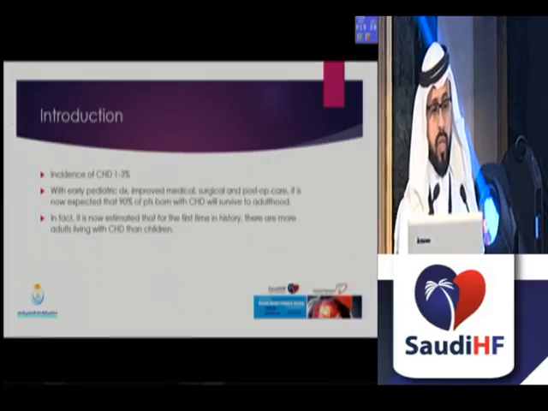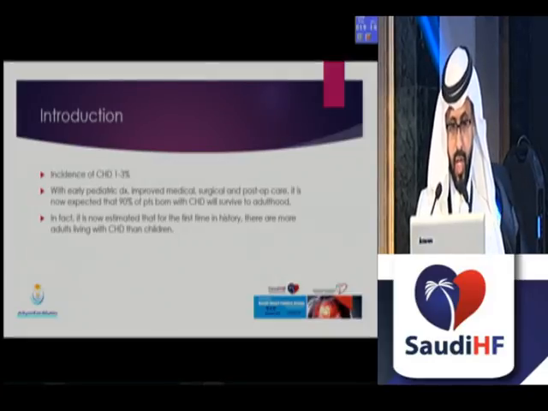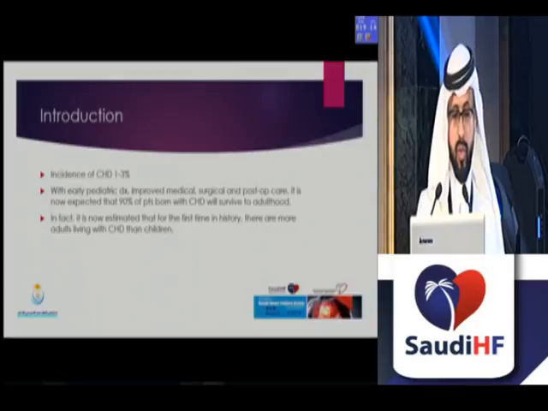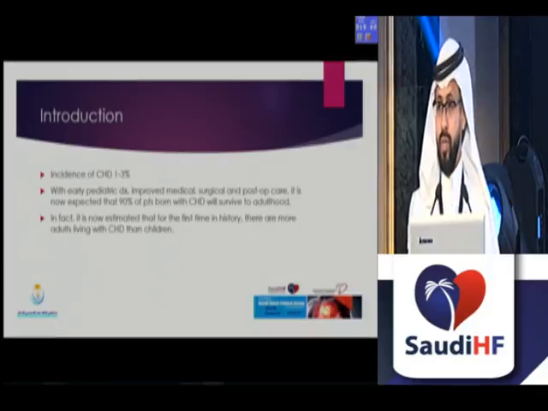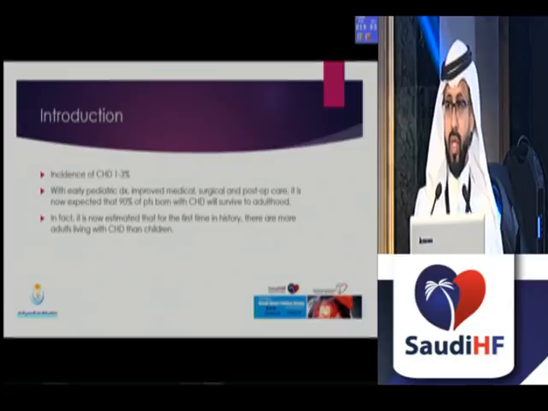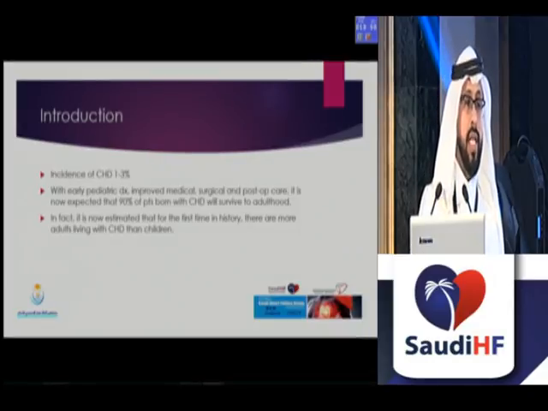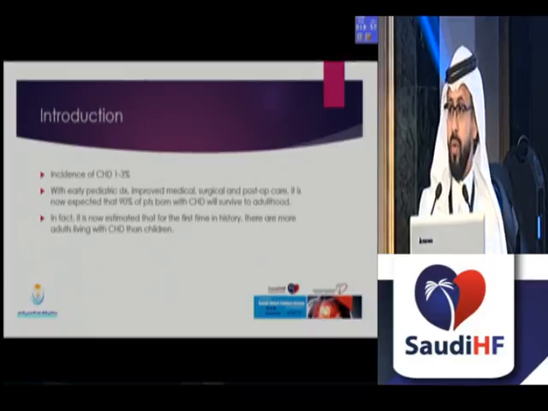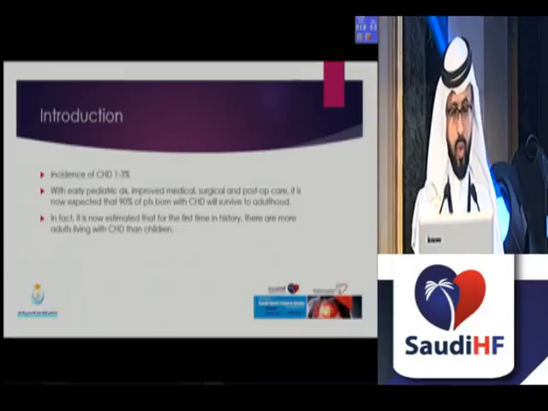Not to go into the incidence, as it was clearly mentioned by Dr. Saman, but what we see nowadays with the improvement in early diagnosis, improvement in cardiac surgery and post-cardiac surgery care, is that we are now expecting 85 to 90% of the children with congenital heart disease to survive to adulthood.